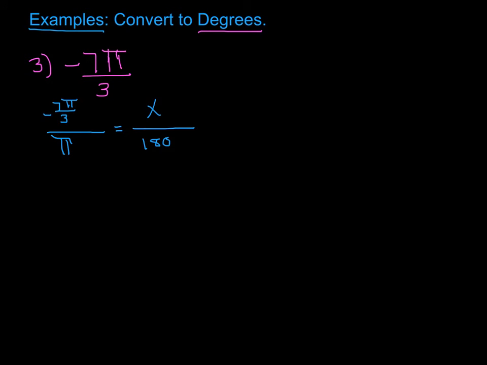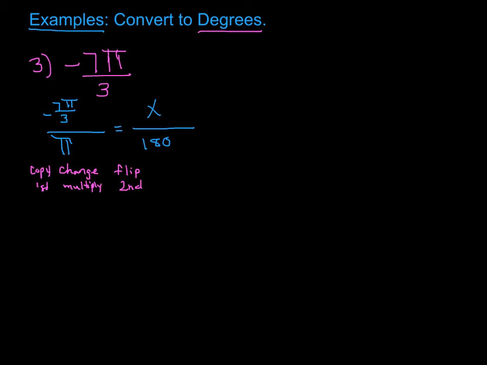If I have negative 7 pi over 3 divided by pi, you have a fraction divided by a fraction. So you want to simplify that first. If you have a fraction divided by a fraction, you need to copy the first, change to multiplying, and then flip the second fraction.